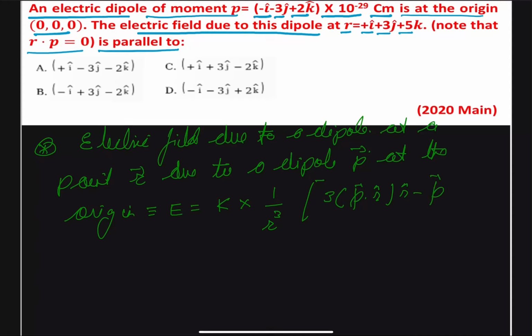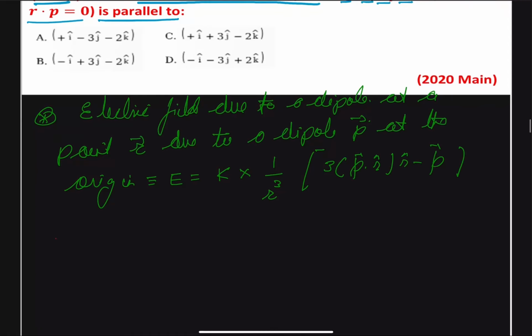Okay. And our R unit vector is equal to vector R divided by its magnitude. But we are given that R dot P is equal to 0.